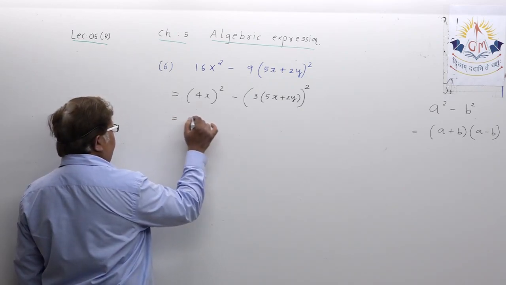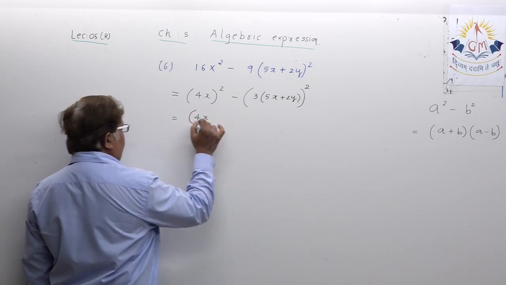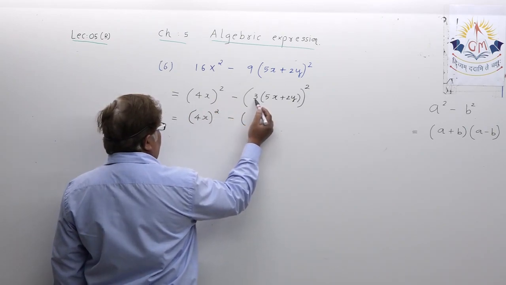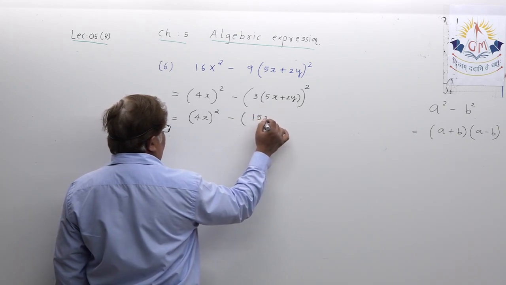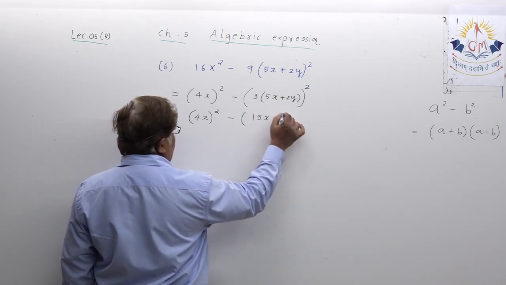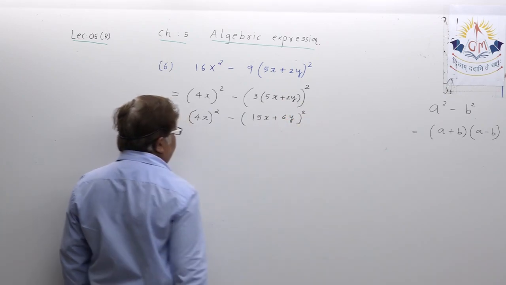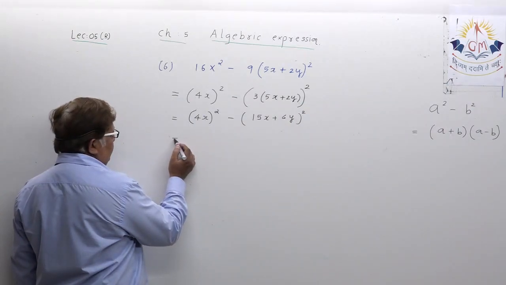The second step, 4x whole square, open the bracket, 15x plus 6y whole square. Okay.